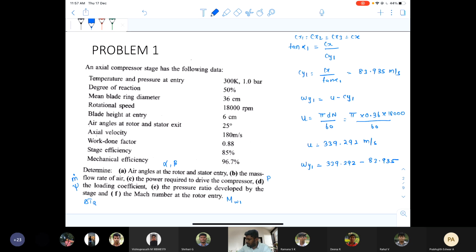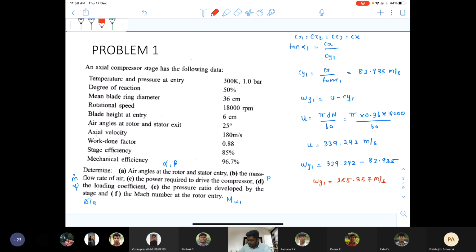Now, on calculation, the value of wy1 will be equal to 255.357 meter per second.